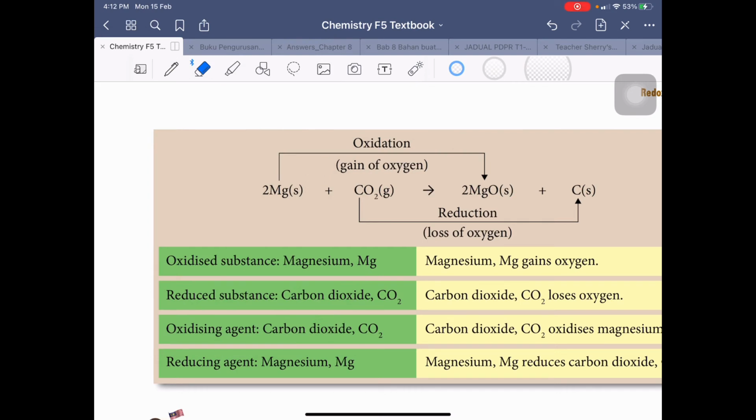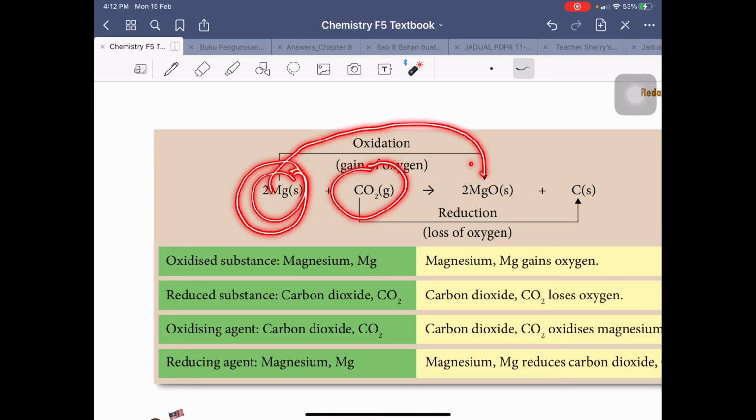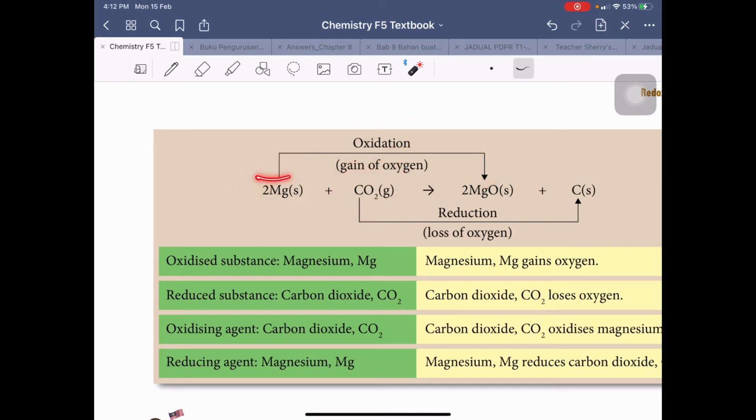Okay, so faham di sana, kalau bahan mengalami penambahan oksigen, that is oxidation. And bila dia mengalami oxidation, itu juga maksudnya the substance is functioning as reducing agent.